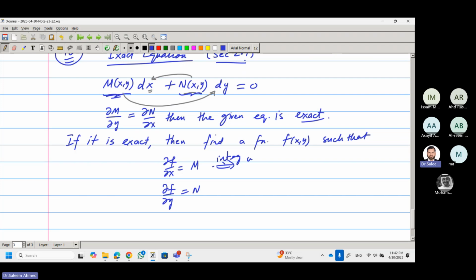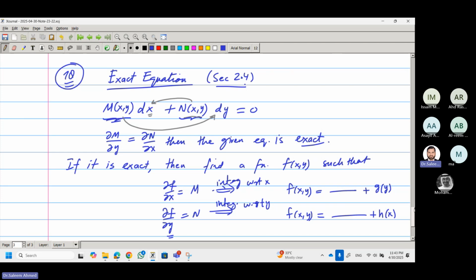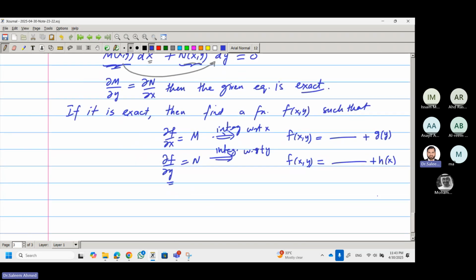It will give me f(x,y) equal to something plus constant of integration, which is g(y). And we integrate this with respect to y because these are partial derivatives. So when you take the partial integral, it will give you a constant of integration as a function of the other variable. When we integrate with respect to x, it gives me g(y). When we integrate with respect to y, it gives me h(x).